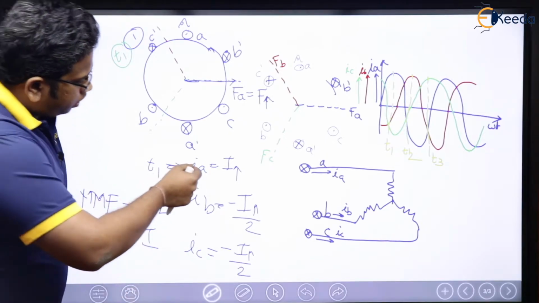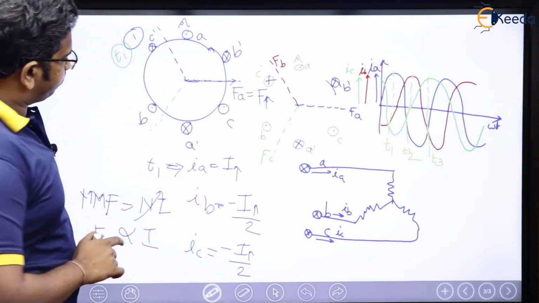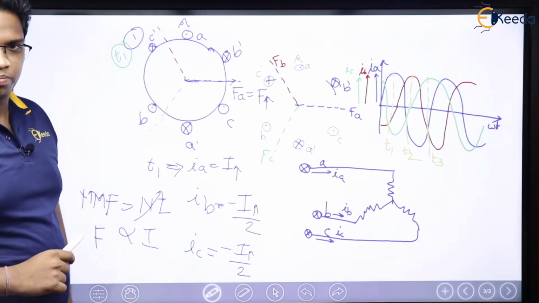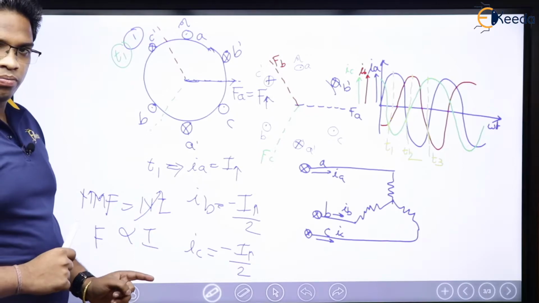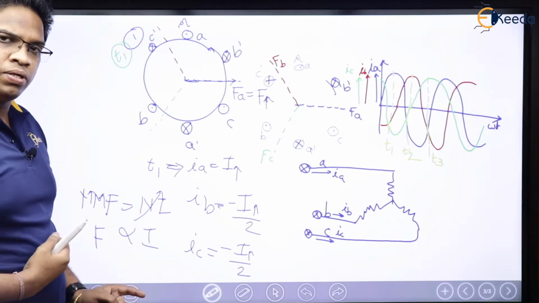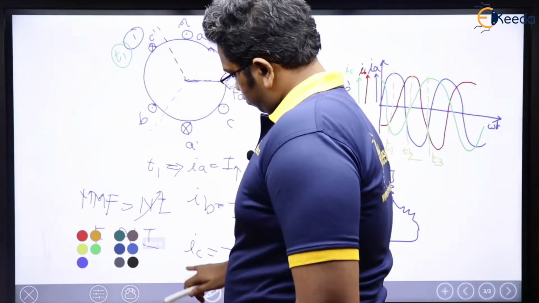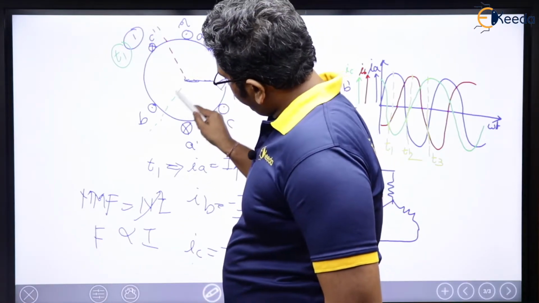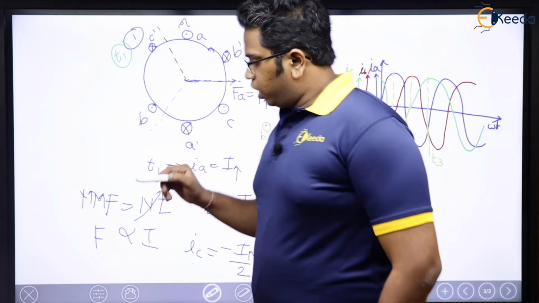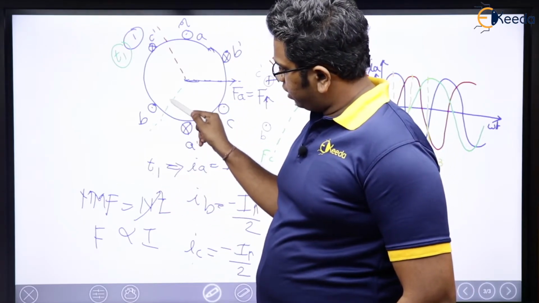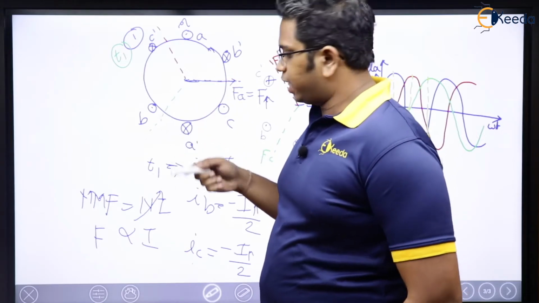IB is what? Half of negative maximum. Means this is IB. Firstly you need to do the half, and then you need to negate it. See here. FB is going to be this much. It will be half here, and it is going to be negative. Negative is opposite direction, right?